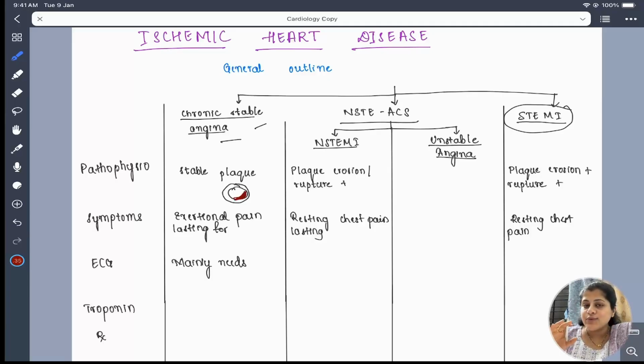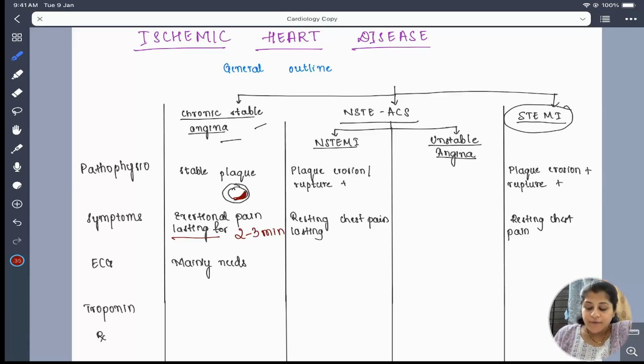During rest there is no compromise in blood supply, but when the patient is exercising there is a mismatch between the oxygen requirement and blood supply. So here the patient will have exertional chest pain, and this chest pain lasts for 2 to 3 minutes.